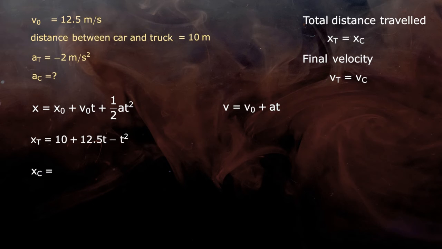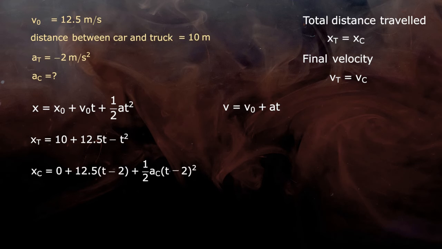For the car, the initial position is 0. The car driver applies the brake after 2 seconds. So he will have 2 seconds less than the truck driver to stop. So time is t minus 2. ac is to be found out and again time is t minus 2.